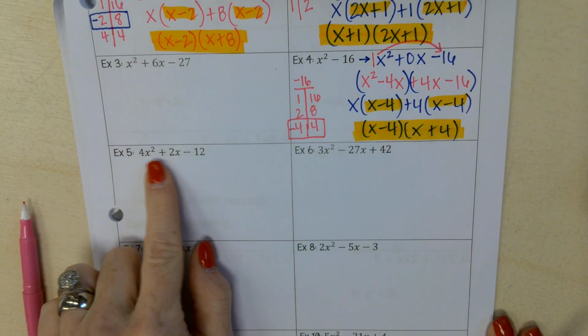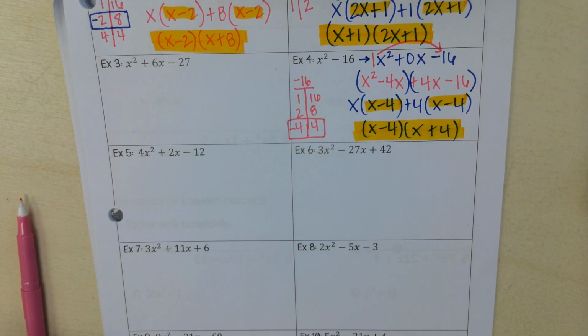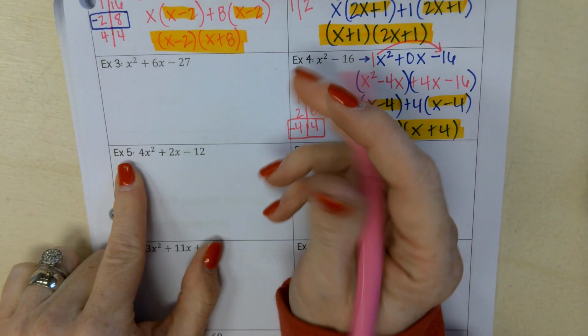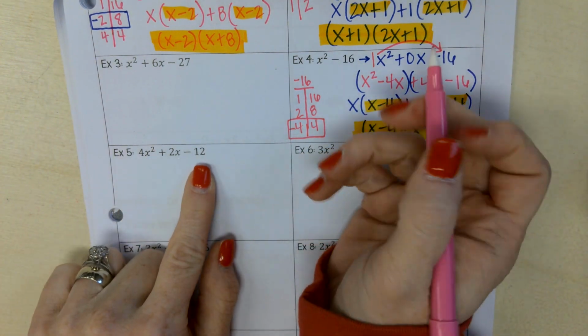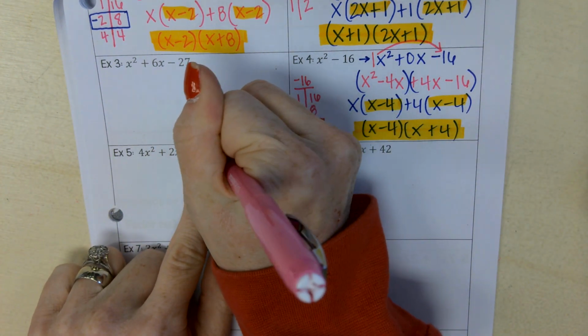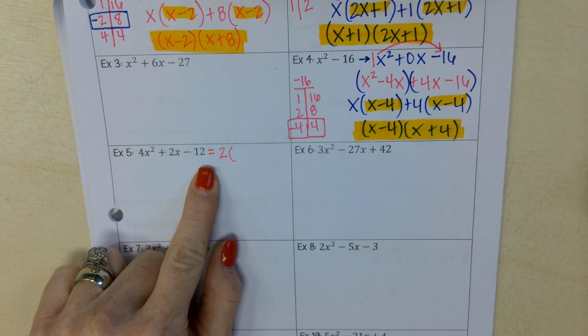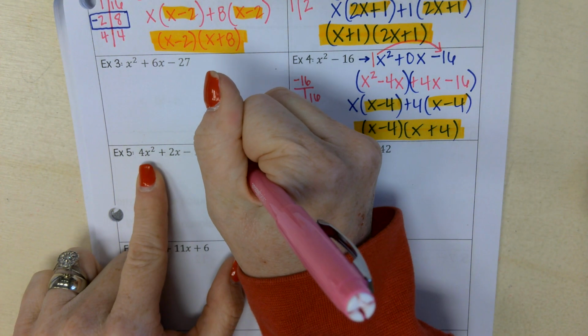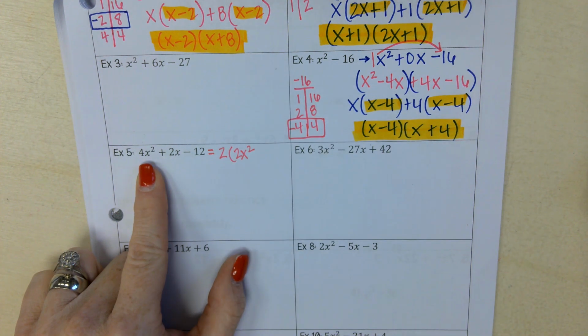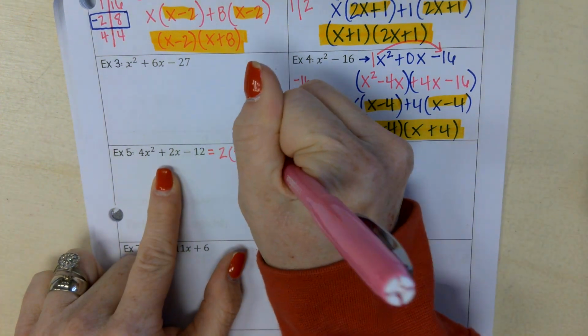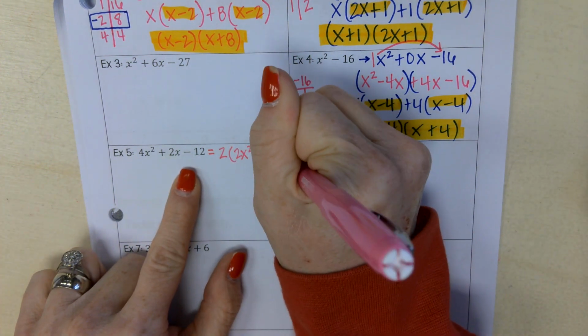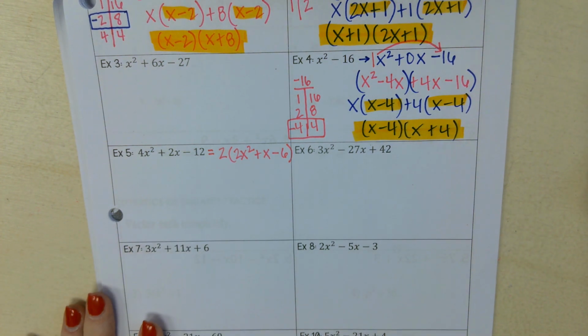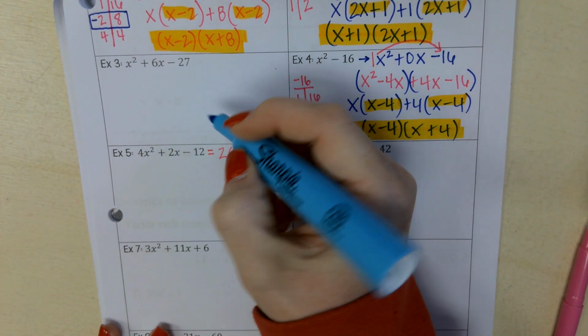What do you notice about number 5? Every number is divisible by what? 2. So I'm going to take out a GCF of 2. So if I divide out a 2, that leaves me with 2x squared plus x minus 6. Okay? Now, do not forget our GCF. Okay?